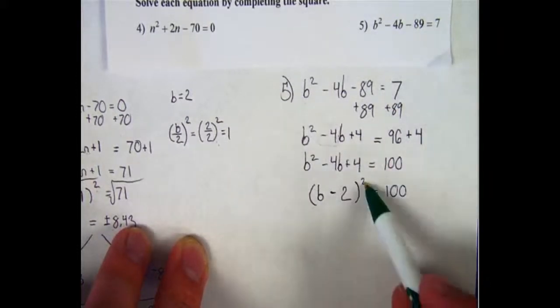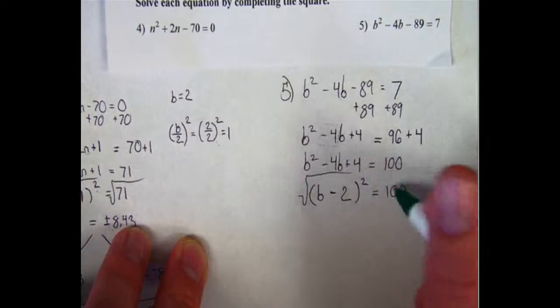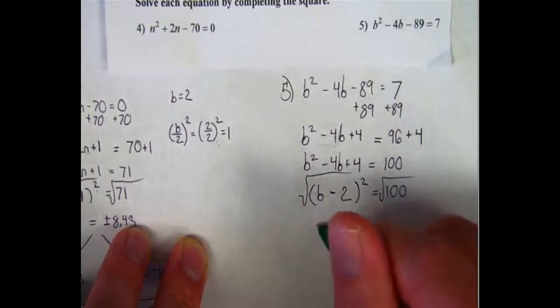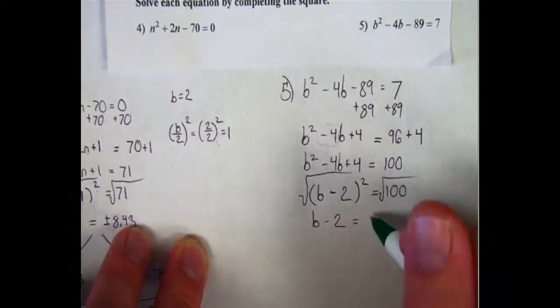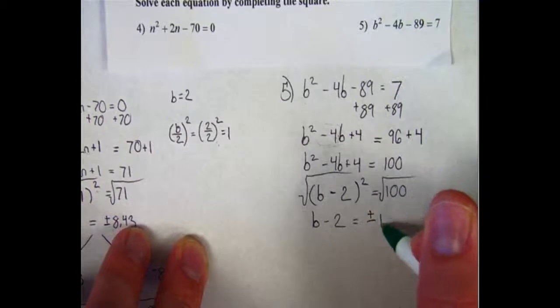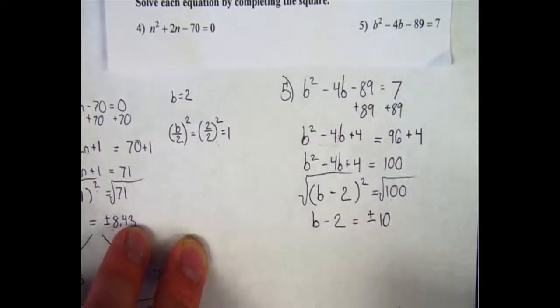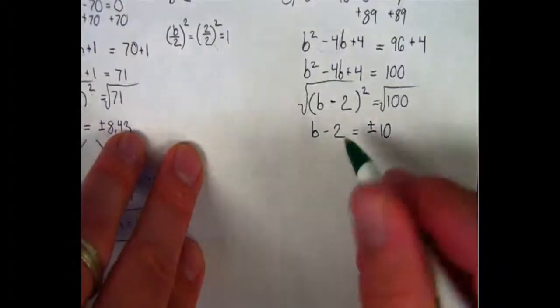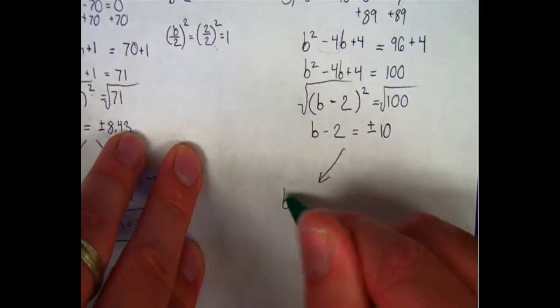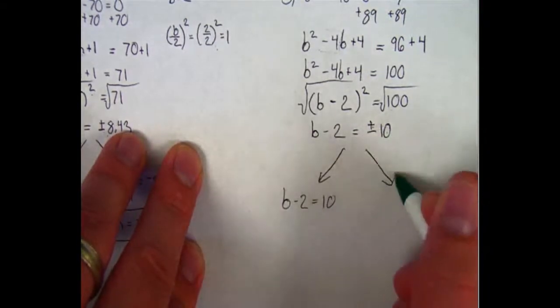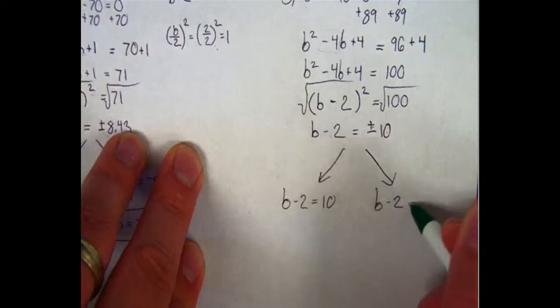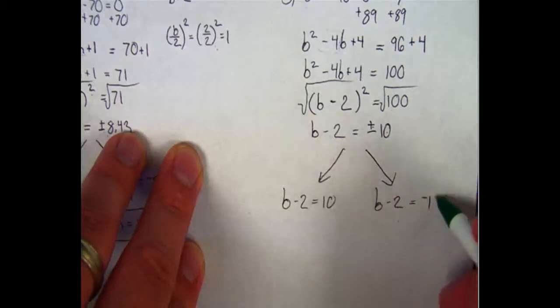Now, to get rid of this squared term, I'm going to take the square root of both sides, and I find that b minus 2 is going to equal the square root of 100, which is plus or minus 10. Now this means I have two options. One option is that b minus 2 equals positive 10. The other option is that b minus 2 equals negative 10.